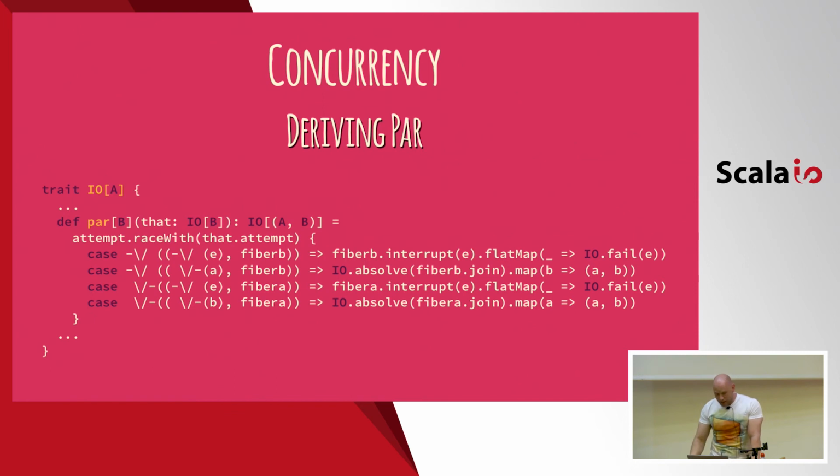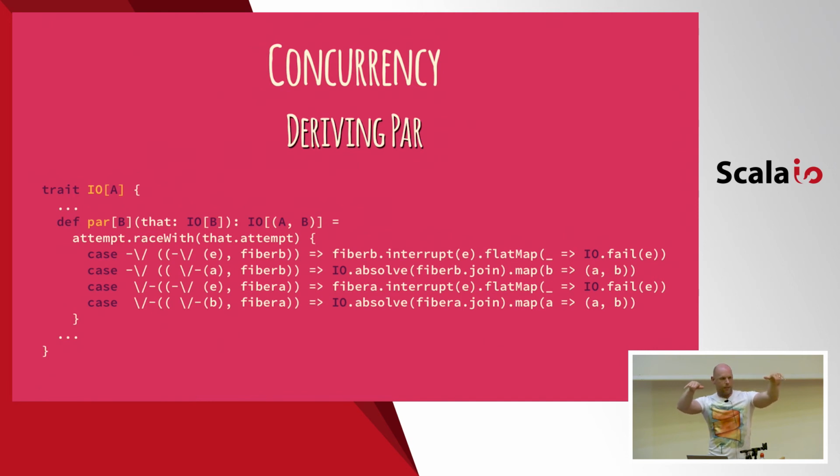And in fact, this race with primitive is so powerful, we can define par with it, which is a primitive that takes two, an I of A and I of B, and it returns an I of A and B. And there's only 4 cases we have to handle. It's pretty simple. What we do is we attempt both sides because we want to see the errors.